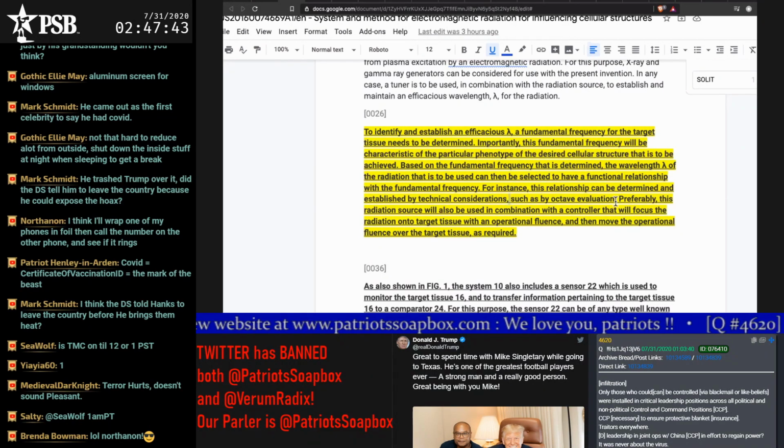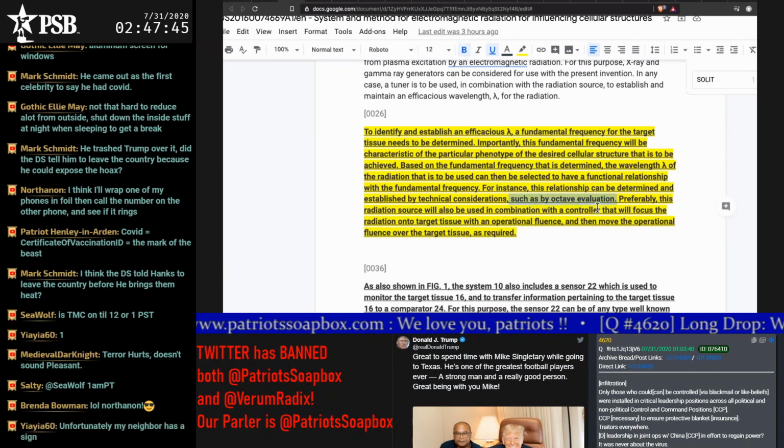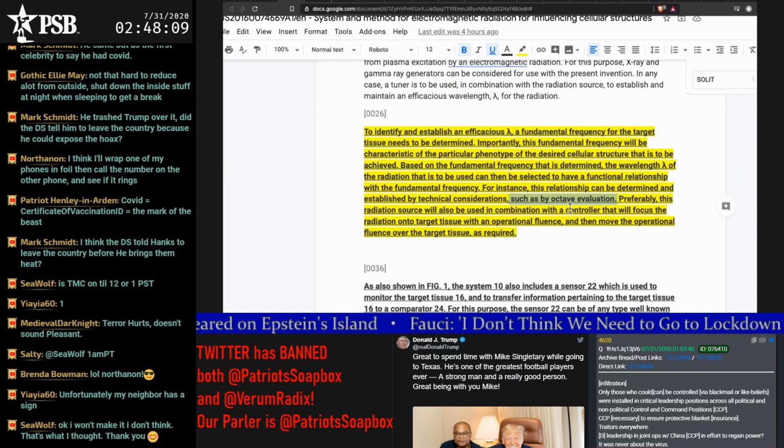It talks here about an octave evaluation, right? And that's what we looked at last episode: being able to use any electromagnetic spectrum that a transmitter is capable of transmitting, and then by using an exponent of 2, dividing the resonant frequency by 2 or multiplying it by 2, you are able to shift the frequency down into the band in which the transmitter is able to transmit.